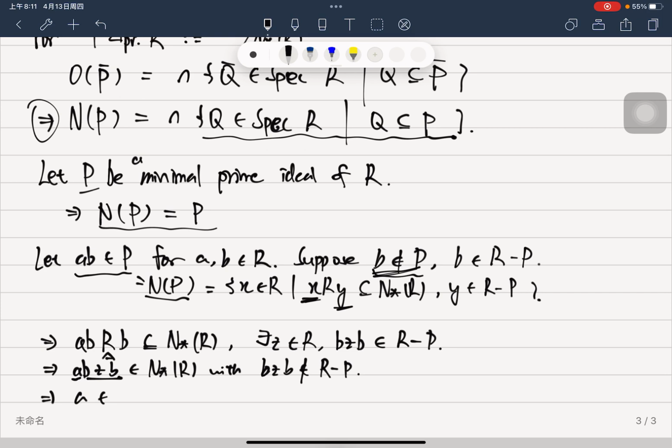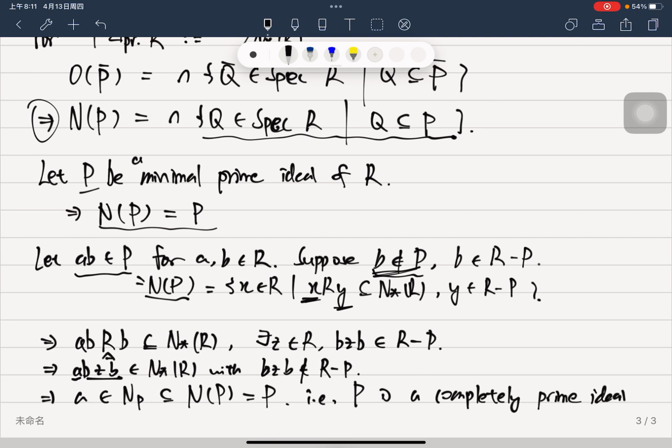So A is in MP. Actually, first A is contained in the lower N, and then MP, and MP is P. So we have done this proof that P is a completely prime ideal.